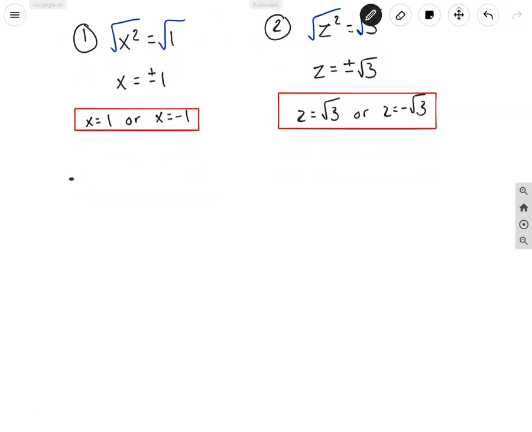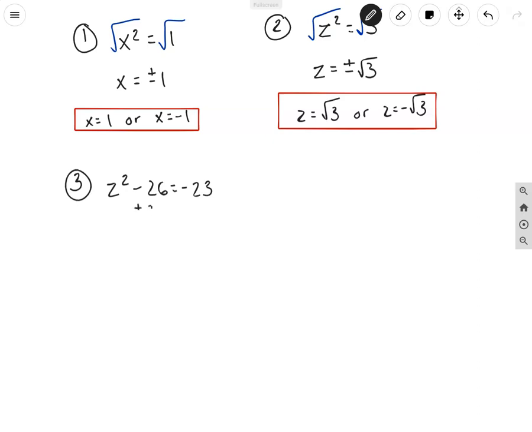Let's go ahead and do another question. In number 3, you're going to notice that I'm going to have two terms on the left-hand side. z squared minus 26, and that's going to equal negative 23.